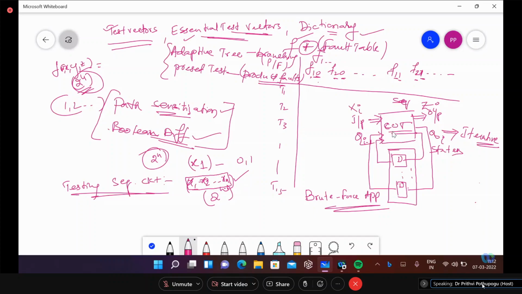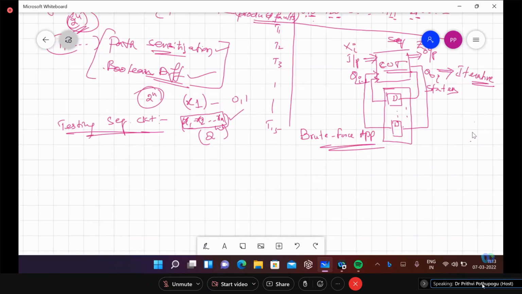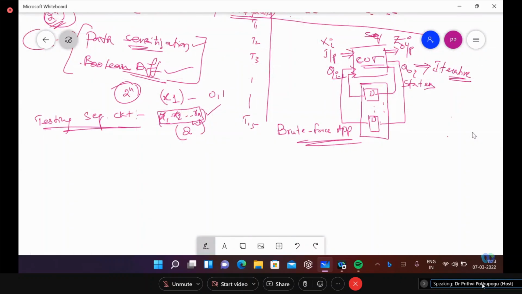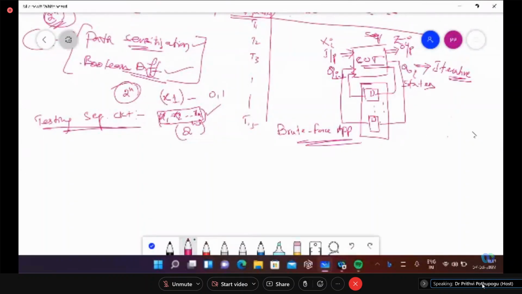So this segment, if I repeat it for however many test sequences I have, the sequential design becomes an iterative network. Something like this. Say a circuit under test is nothing but a combinational logic circuit.